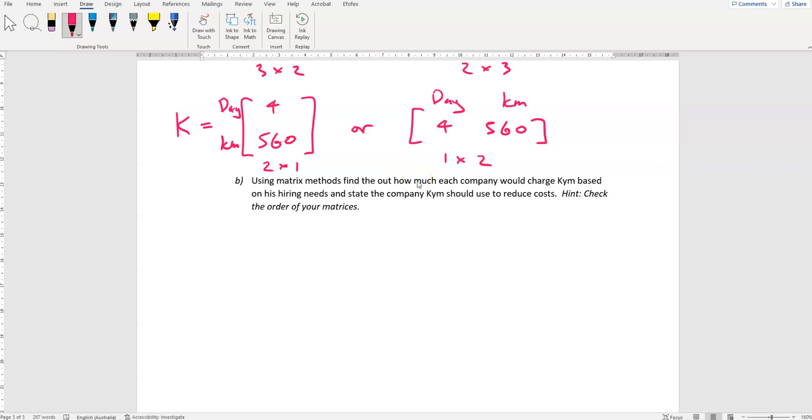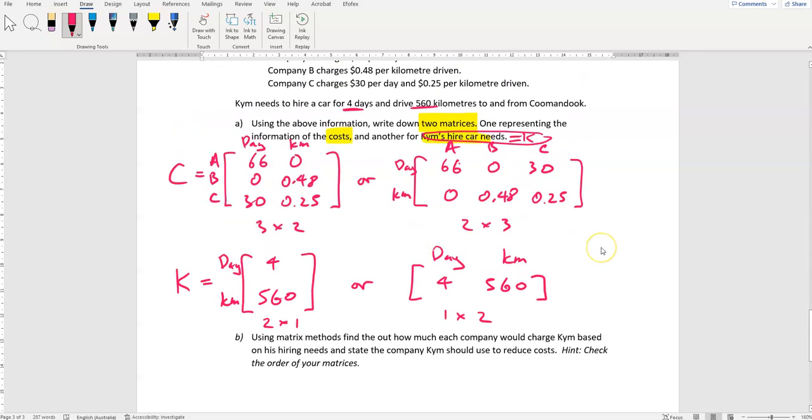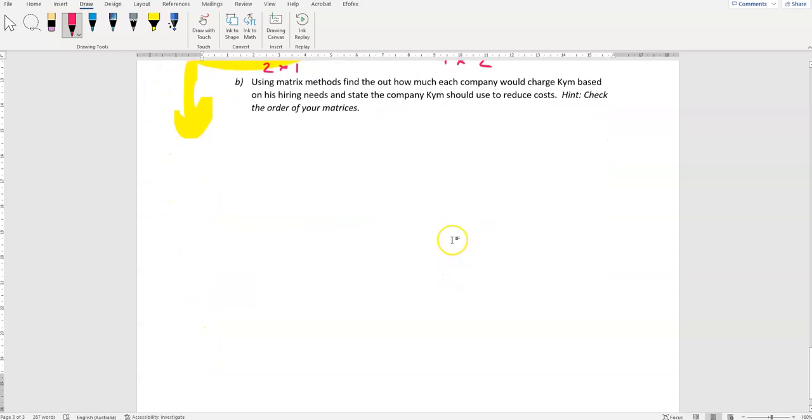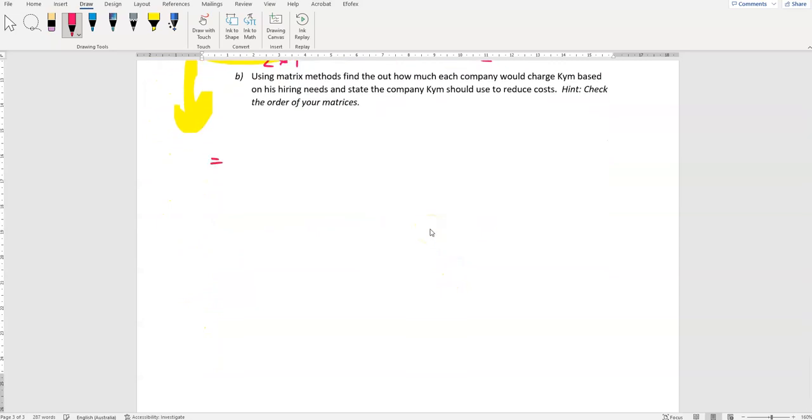So if we take the first one, let's take this one, and we're going to move it there. Okay. So I'm going to do CK because I'm going to have a 3x2.